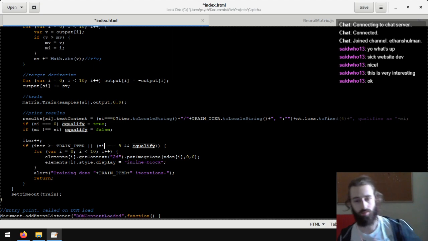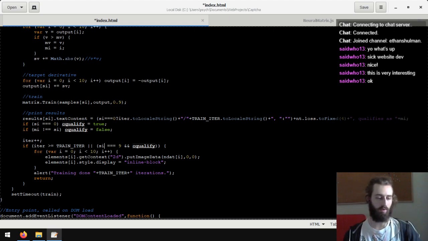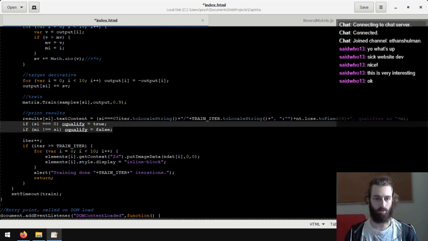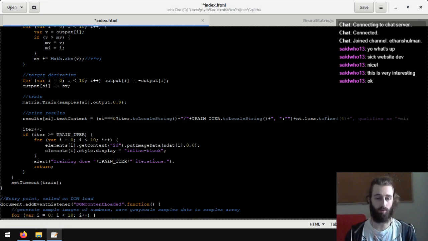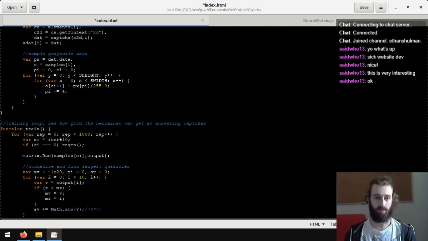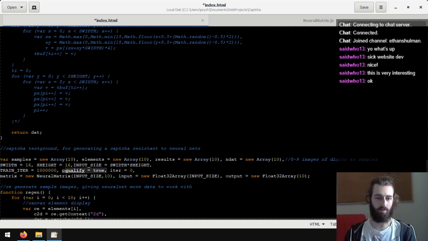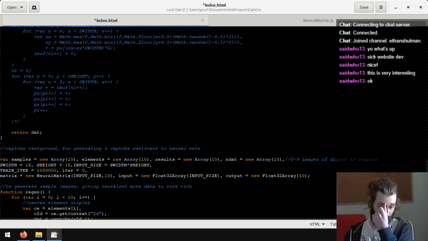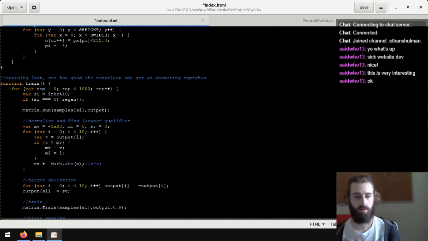Oh, so this stops training automatically when it's working. That's actually dumb. Because there's times it could actually get them all correct, but then it's not like perfectly trained. Because it's randomly generating the CAPTCHAs, or it has like random distortions.